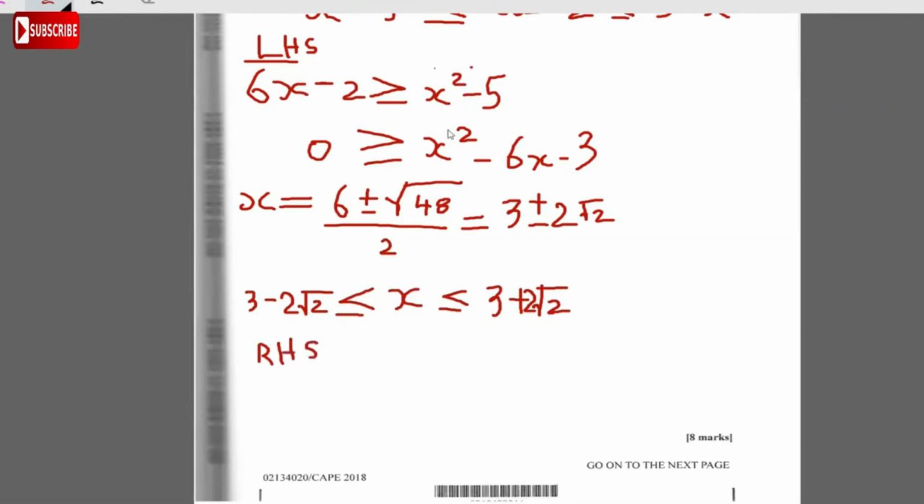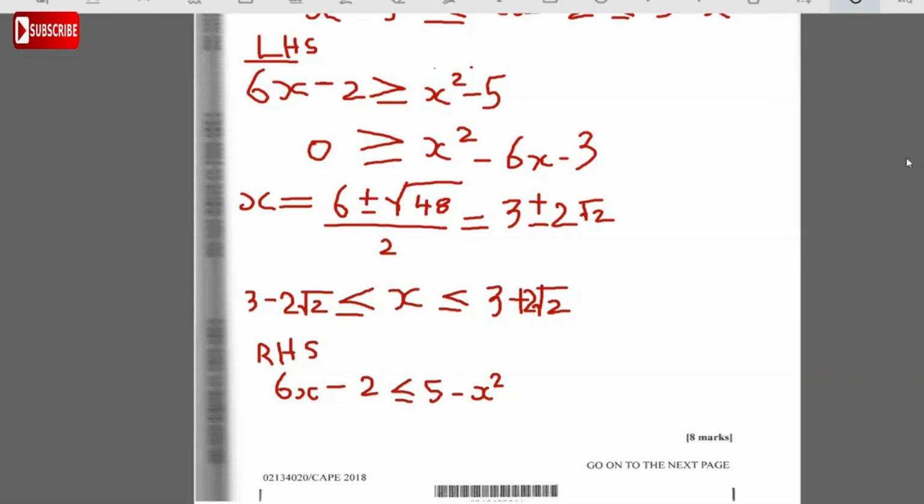Going to the right-hand side, I would have that 6x minus 2 is less than or equal to 5 minus x squared.